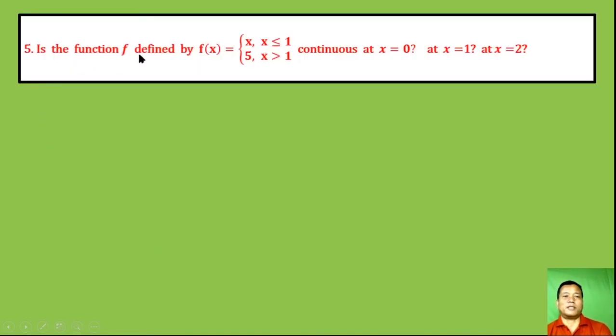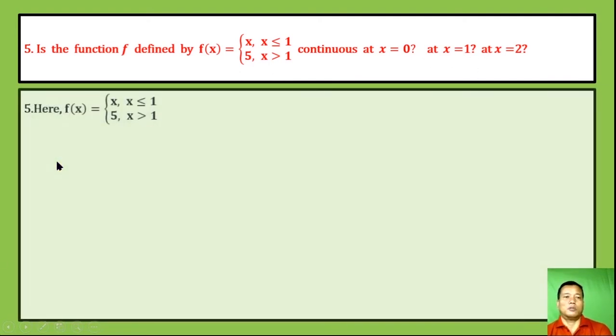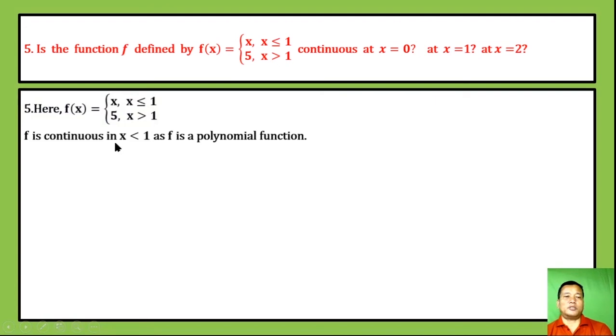5. Is the function f defined by f of x equal to x for x less than or equal to 1, and 5 for x greater than 1, continuous at 0, 1, 2? f is continuous for x less than 1, as f is a polynomial function. So f is continuous at x equal to 0.